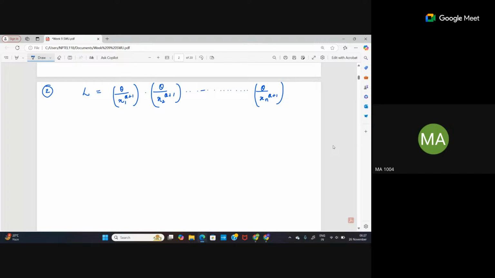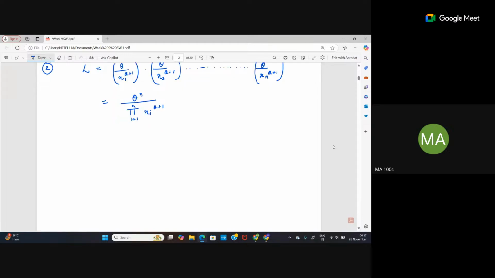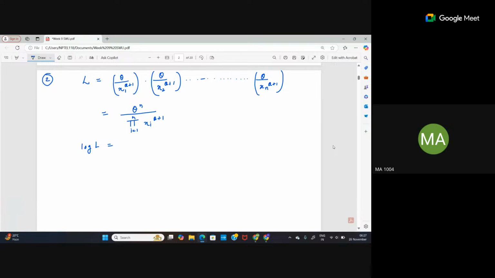Now, how can we simplify it? It will be theta to the power n, and we can write it like this. Now we can take log of this function. Maximization of L is equivalent to maximization of log L, because log is a monotonically increasing function.